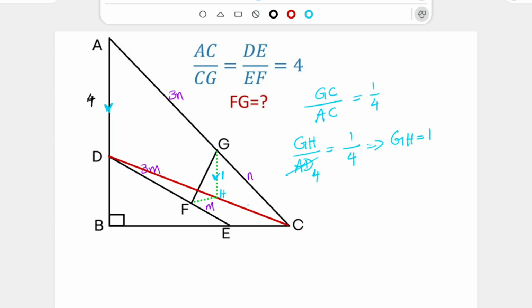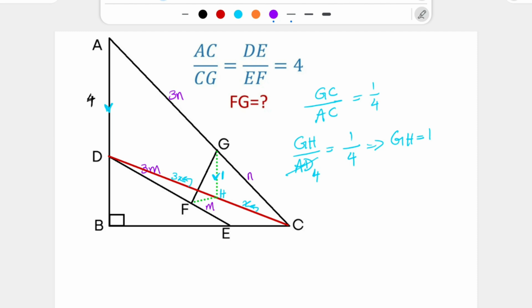Let's say that, for example, here is X, here would be 3 times X. This is here and this is here. Remember that 3m is for DF, right? Okay, so now since we know that CH over HD is 1 over 3 and EF over FD is 1 over 3, we can easily conclude this is the reverse of the triangle proportionality theorem.